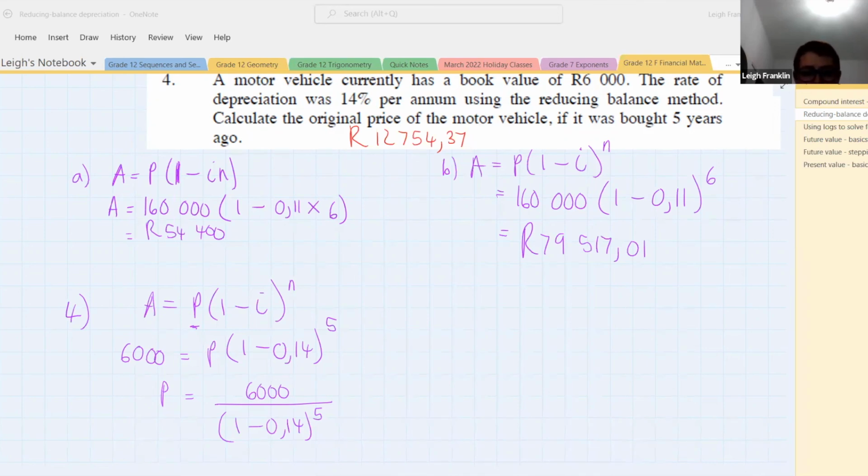Maybe we can create a WhatsApp chat group where you can send us what we're going to be doing that day, maybe 30 minutes before the lesson, so that we can go through the questions and even attempt them.